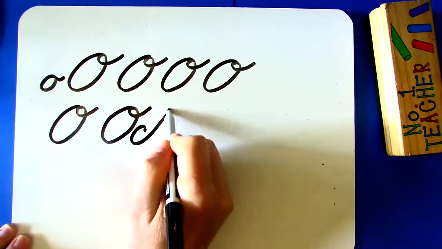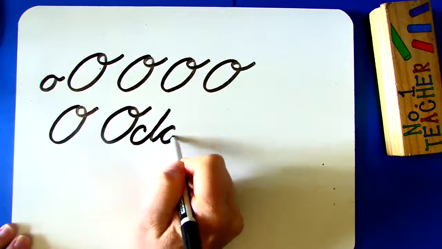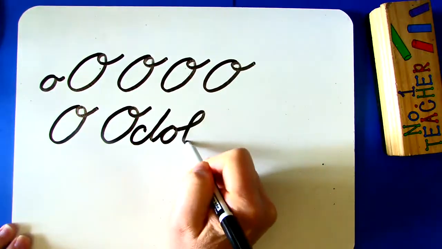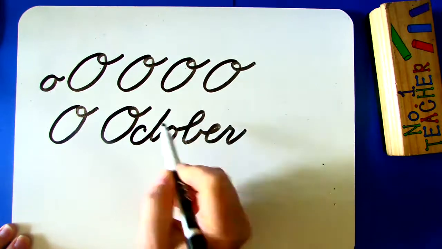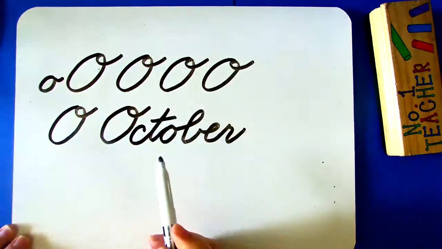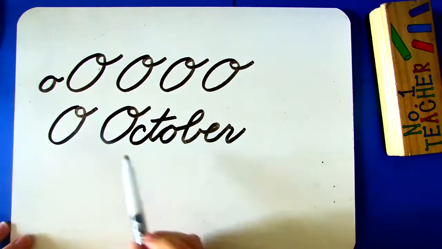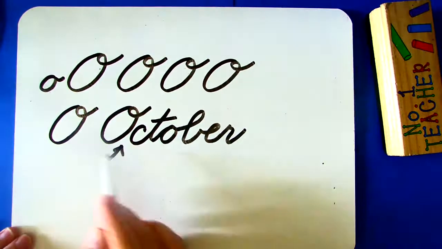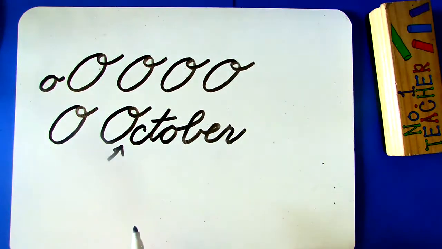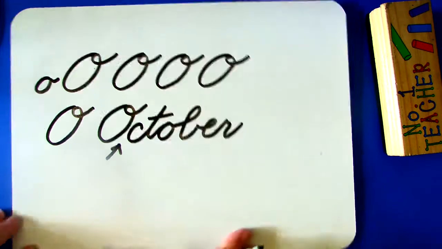And here's the rest of the word. And you'll have to be careful. October. You'll have to be careful when you're writing capital words that start with O so that you don't leave too much space in between the O and the rest of the word. This is about enough space there. So there's October. I don't think anybody in our class has a name that starts with O, but I can think of 2 O names actually.